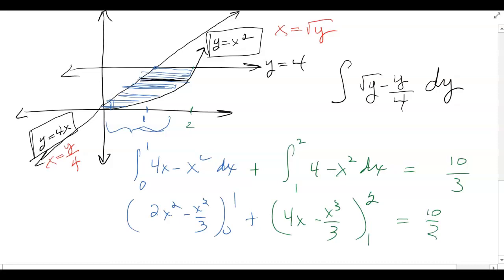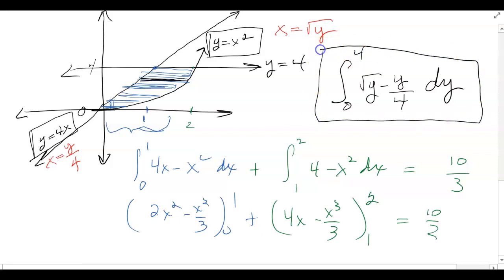And now we're going to look at the y-axis to see our lower and upper limits, our a and our b. Well, we're going from 0 to, oh, that was easy, y equals 4. This one integral with respect to y should give us the same area as these two integrals with respect to x for the two separate regions.